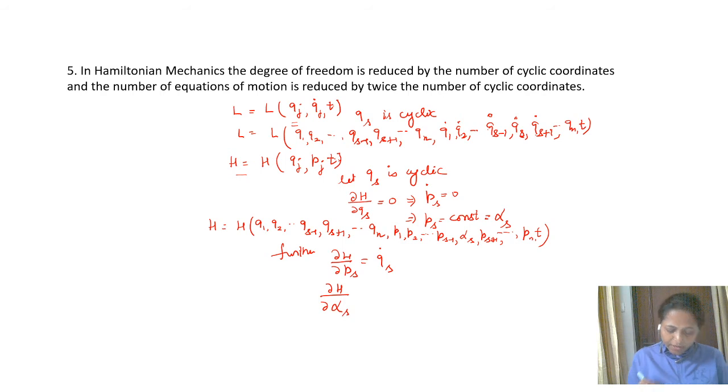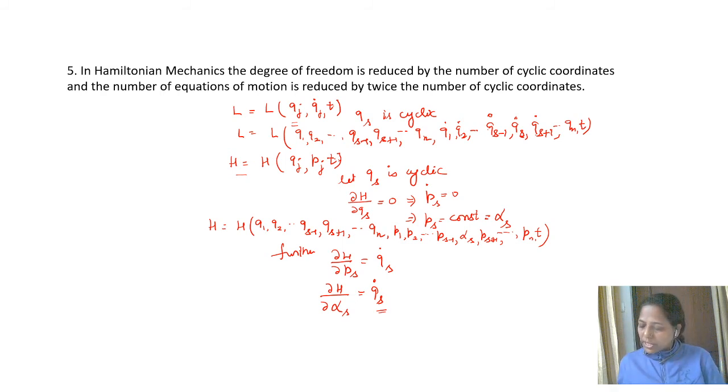It is alpha s, is equal to qs dot. So here, differentiating H partially with respect to alpha s, you will get an expression, and from there you can get your qs dot, the derivative of qs with respect to time, the s component of generalized velocity.